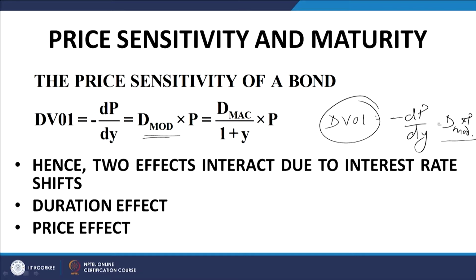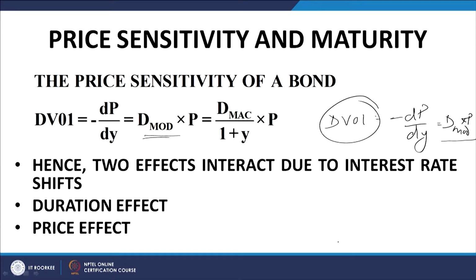Now, in the case of par and premium bonds, as maturity increases, duration increases. And we also know that in the case of premium bonds, as maturity increases, the price of the bond increases, and in the case of par bonds, the price remains constant.